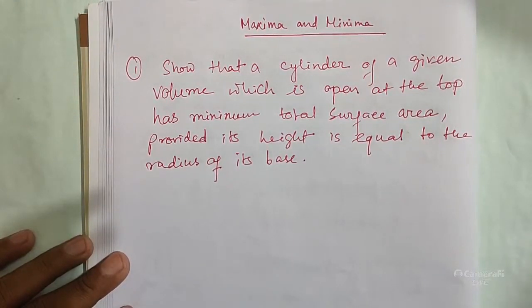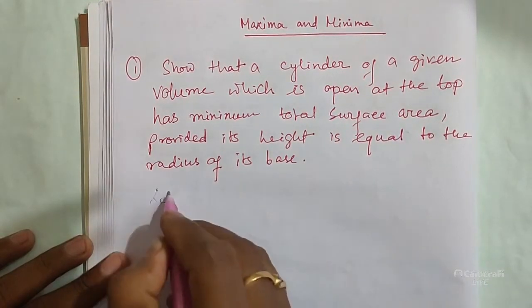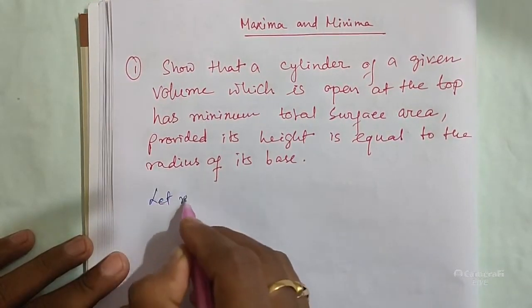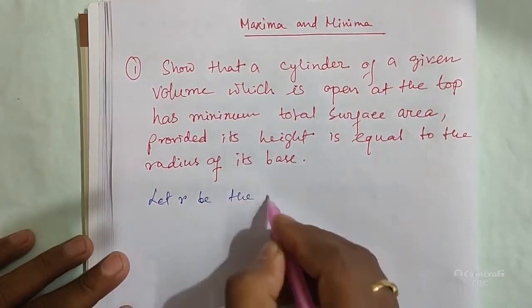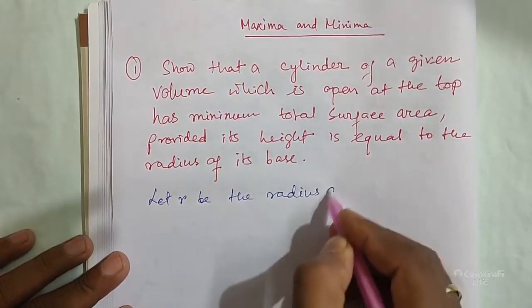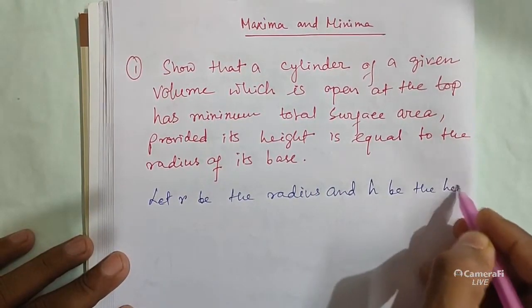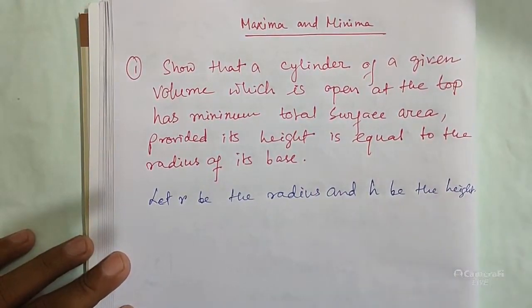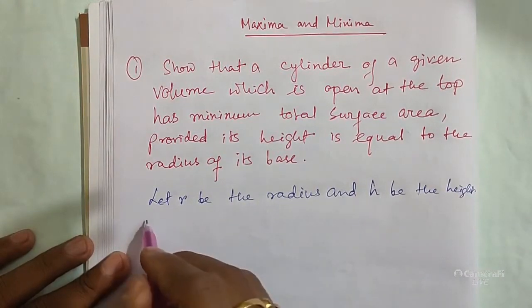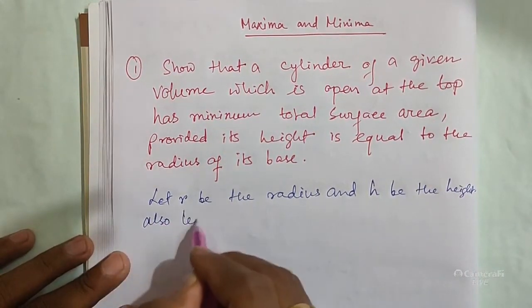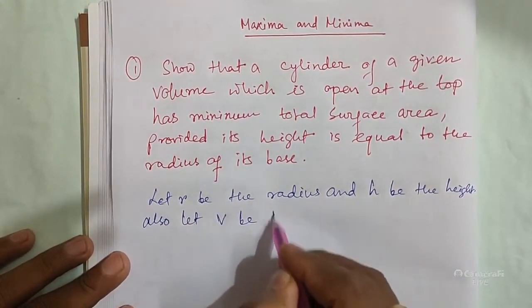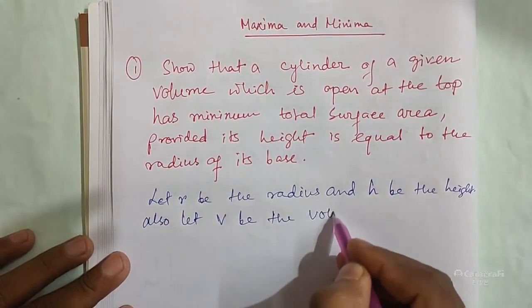So first you have to write all the given things. Let r be the radius and h be the height. Also let V be the volume.